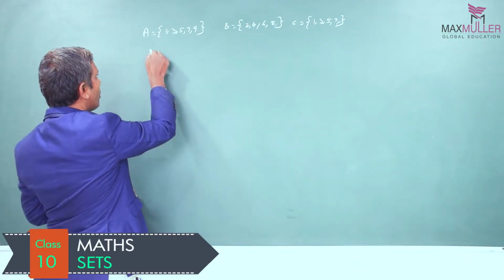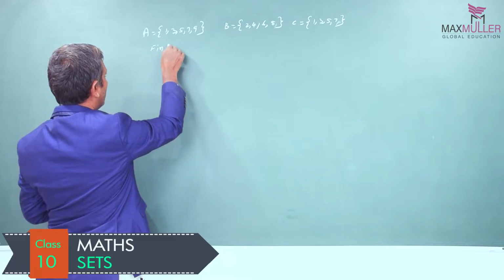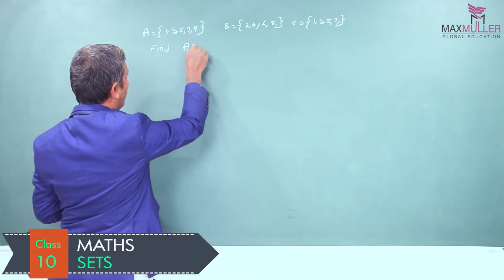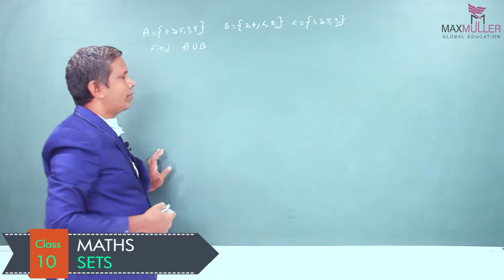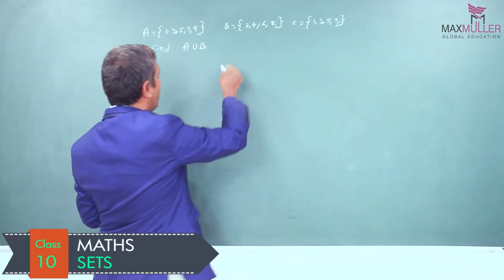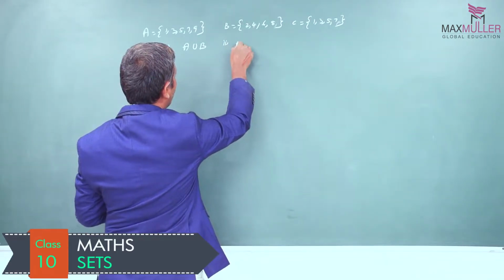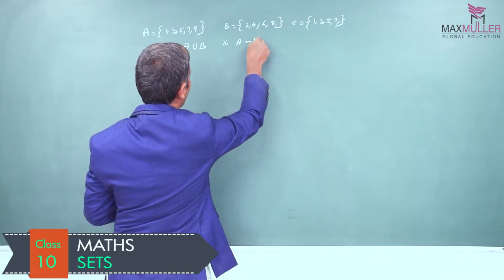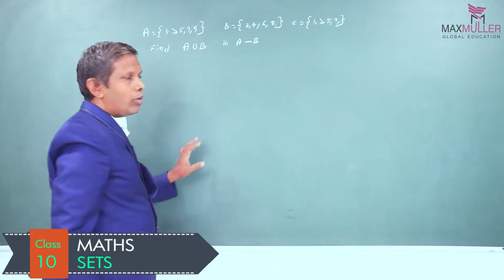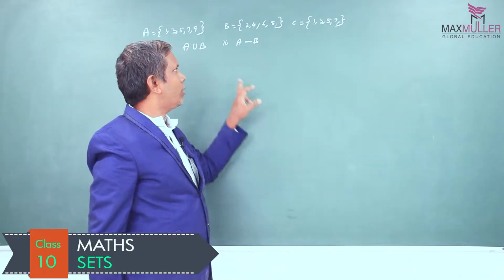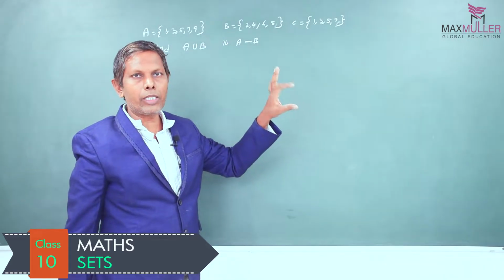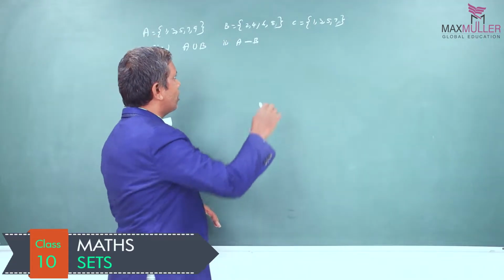Now find A union B, second one A minus B. So I will mix the questions, union, intersection and minus, we are giving all the questions.